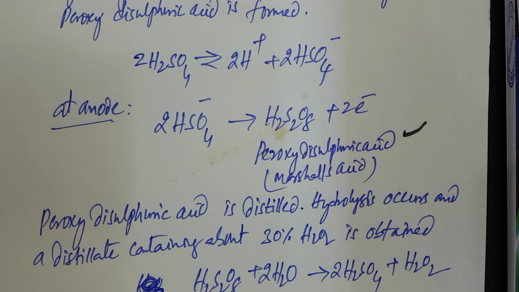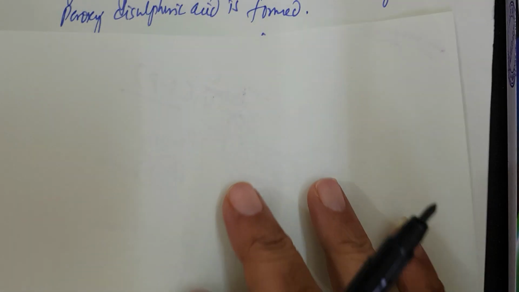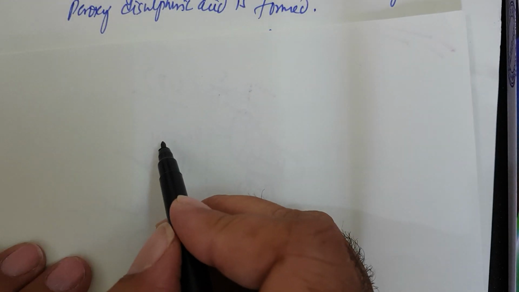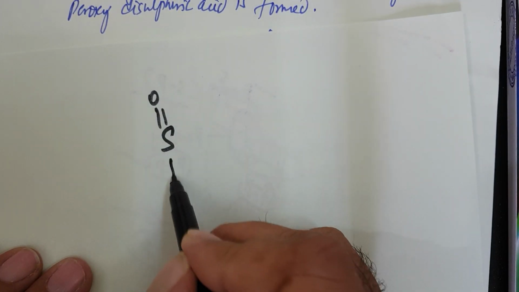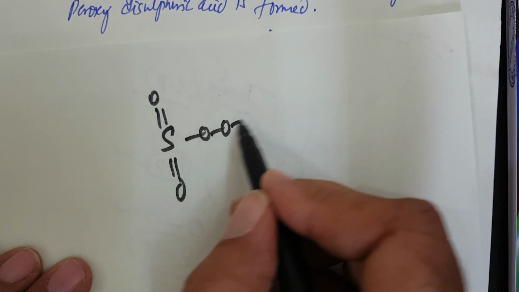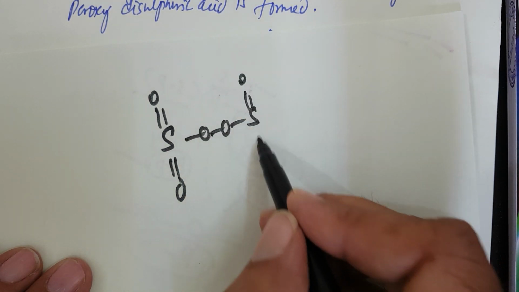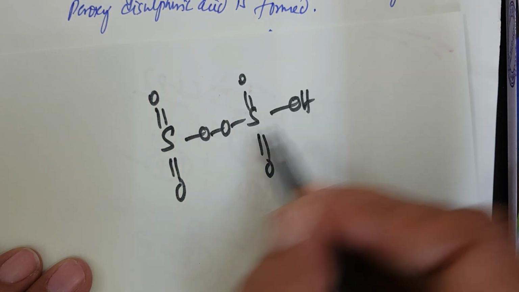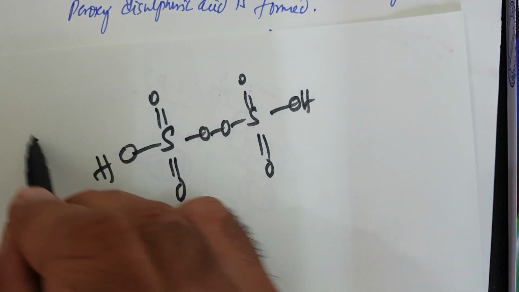The structure is very important. The H2S2O8 structure is important. In that, the sulfur oxidation number is +6. This is the structure of peroxy disulfuric acid, also called Marshall's acid.